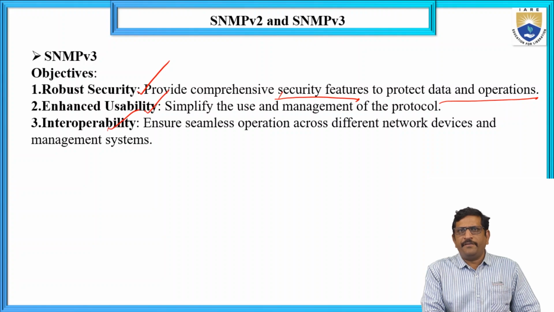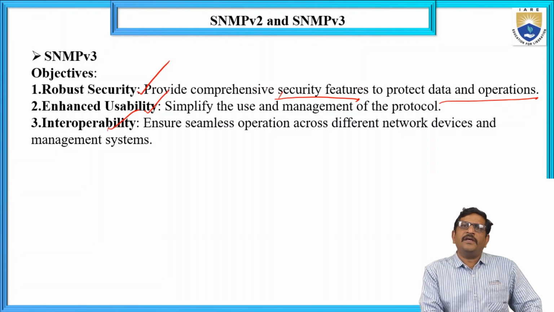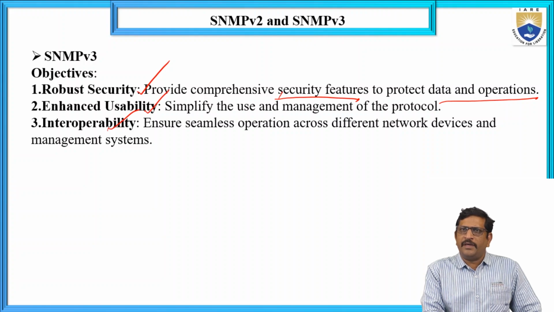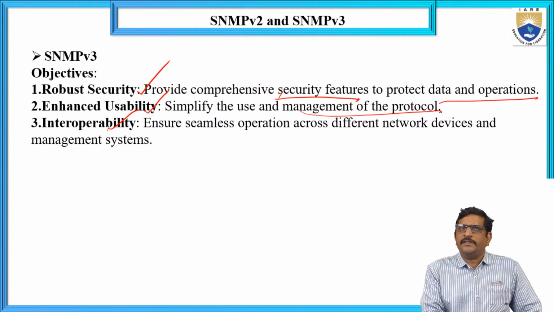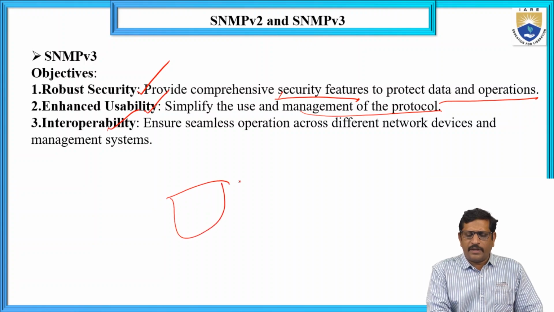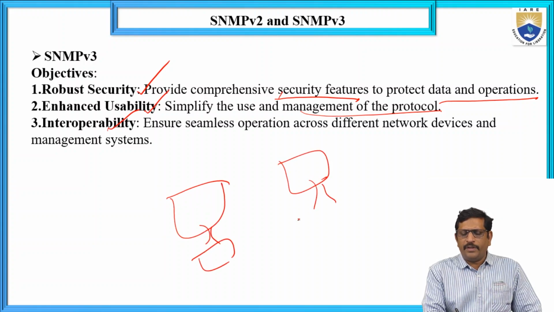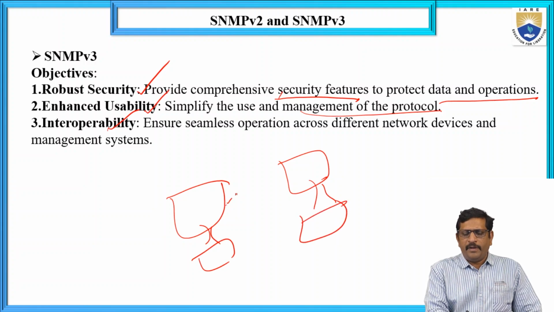In SNMPv3, this enhances the usability. Enhancing usability means simplifying the use and management of the protocol. That means the SNMPv3 protocol manages the data transmission. Whatever data we are transmitting between the two devices will be managed.